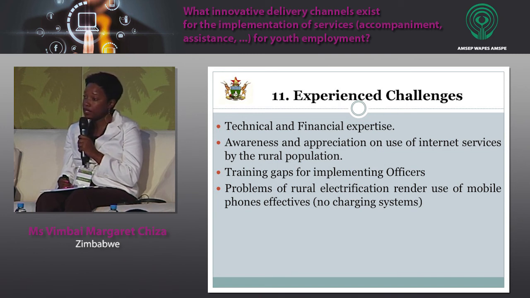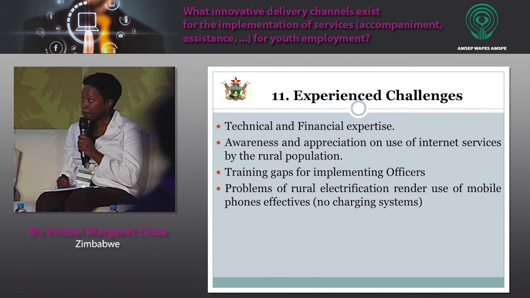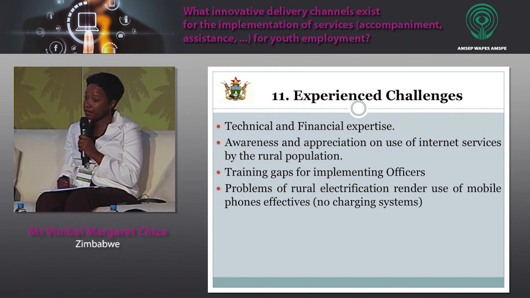And then we also need training for the officers who are going to control the internet uses like Facebook and WhatsApp. So we still need the officers to be trained on that. Another problem that's hindering the effective use of mobile phones is electricity, especially in rural areas.